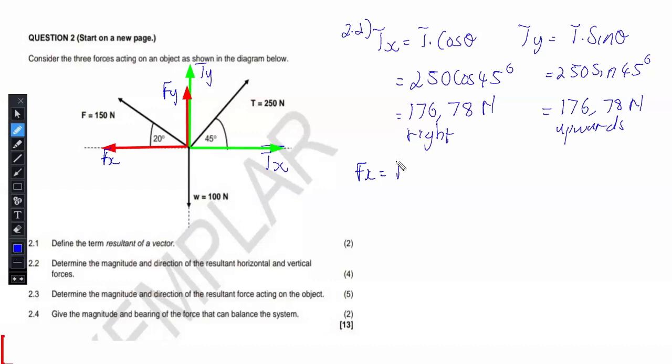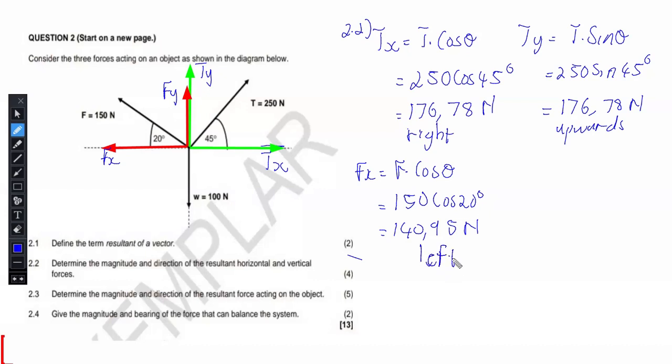We're going to have F cos theta, and our force is 150, cos 20 degrees. If you punch that into your calculator, you get 140.95 Newton. And to which direction? To the right, or to the left? Note, it's to the left. So it's going that direction.